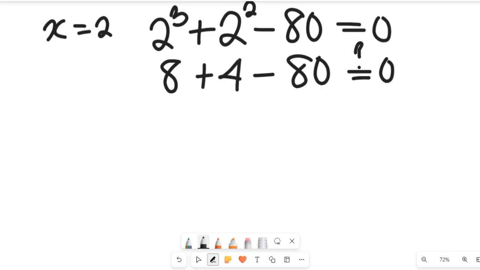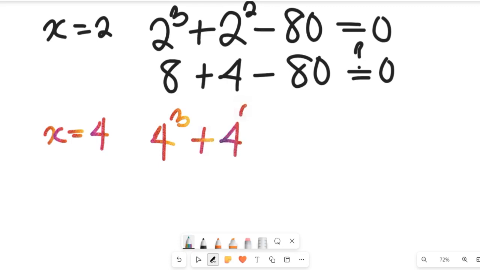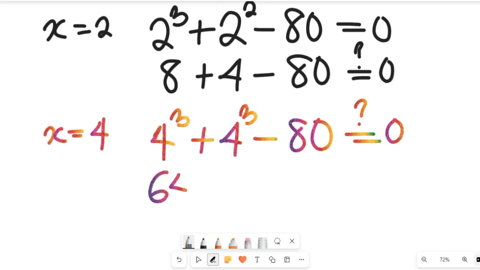Now let's assume that our value for x is equal to 4. If we assume our value for x is equal to 4, we'll have 4 to the power of 3 plus 4 to the power of 2 minus 80. Will it give us 0? Now let's try. 4 to the power of 3 is 64, right?